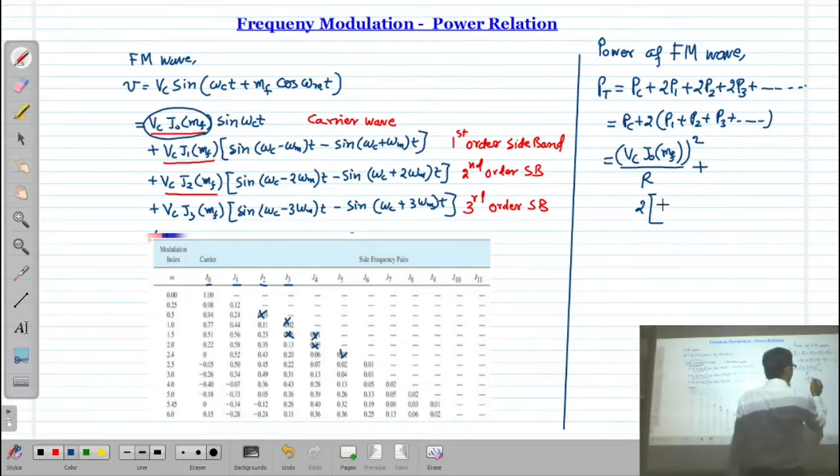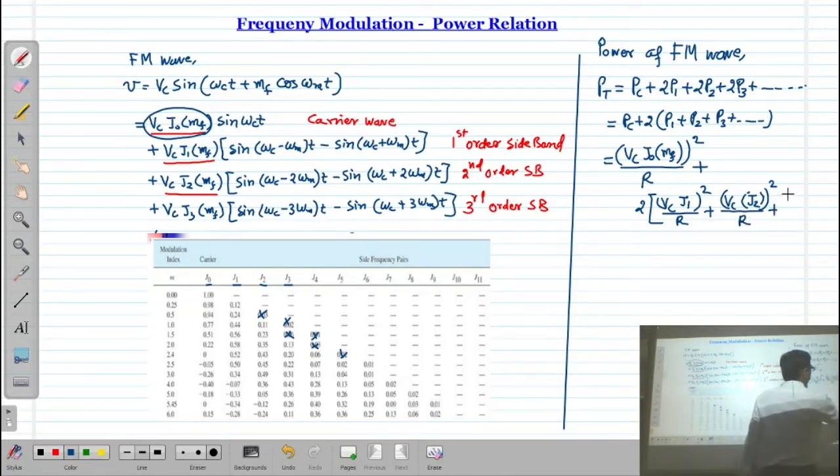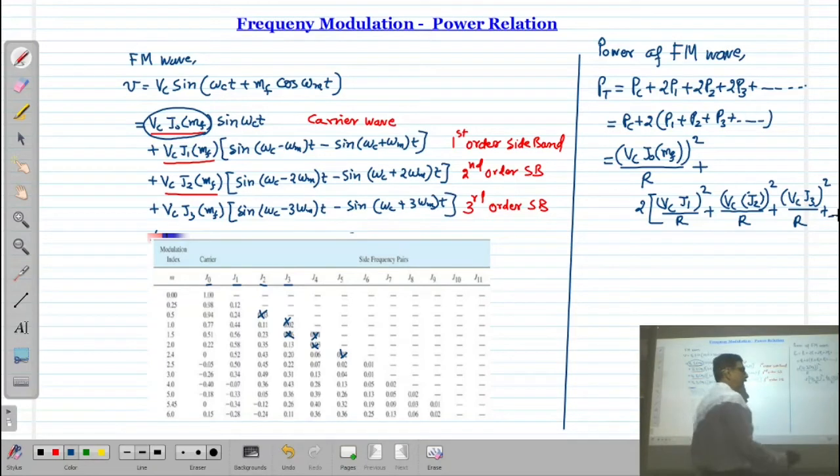So we can write Vc into J1 whole square divided by R. In the same way, Vc into J2 whole square divided by R plus Vc into J3 whole square divided by R, and we can have an infinite sum. Correct? We can calculate this power.